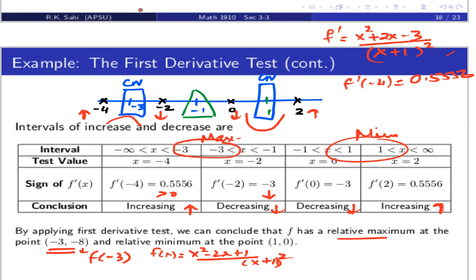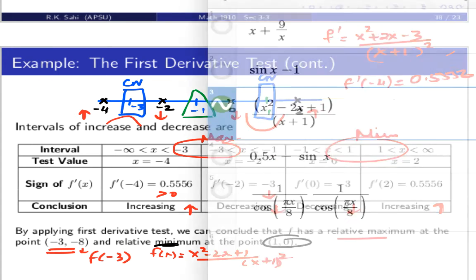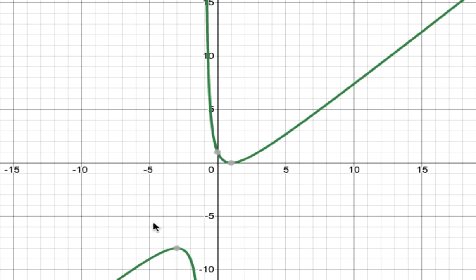And it has a relative minimum at the point 1 and 0. Notice the graph: the point -3 and -8 and the point 1 and 0. Okay?